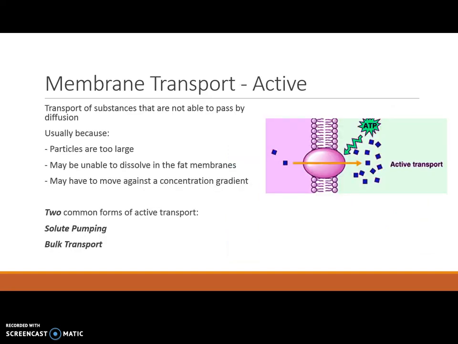Now, during active transport, ATP is required to move a substance across a membrane. This often occurs with a protein carrier, and it's against the concentration gradient. There are two common forms of active transport. One is solute pumping, and the other is bulk transport.